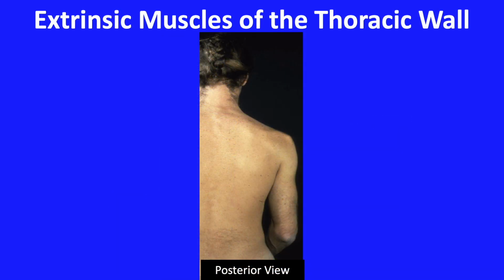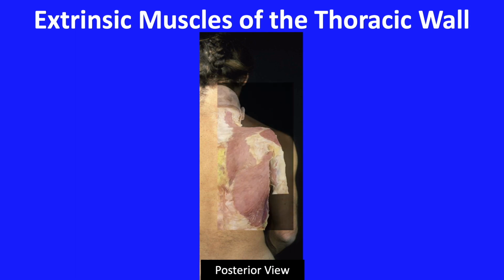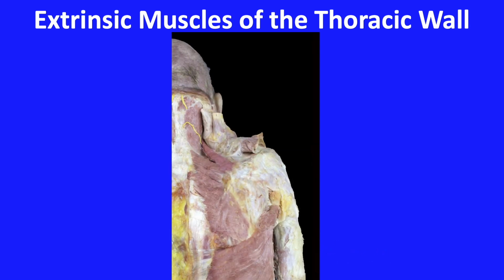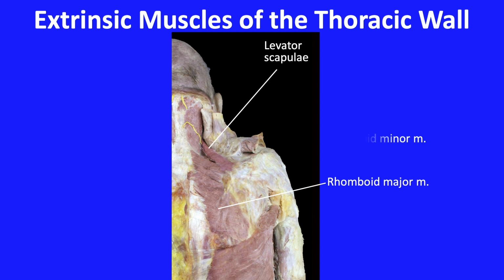We repeat the same exercise, this time on the skin of the back, where it is removed and reveals two large muscles of the back, the trapezius and the latissimus dorsi muscles. And when we reflect the trapezius muscle, we demonstrate the levator scapulae, the rhomboid major, and the rhomboid minor.